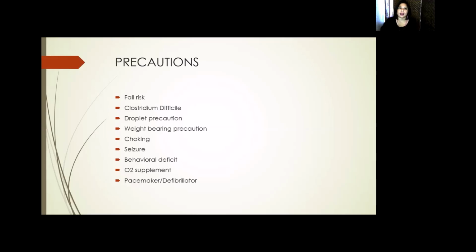Another biggie is the weight-bearing precaution. So you have to put the weight-bearing precaution. This is very common among patients with hip surgery, hip replacement, or knee surgeries. I had a patient yesterday in an inpatient rehab in the hospital. The left leg is weight bearing as tolerated.